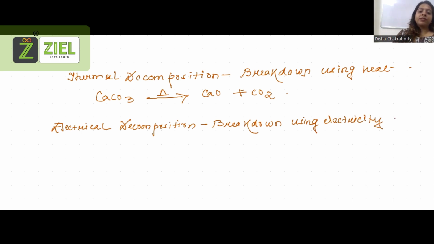When electricity is passed through acidified water, it splits into hydrogen and oxygen. Water is acidified because pure water cannot conduct electricity. A few drops of acid are added to water to make it a conducting solution.